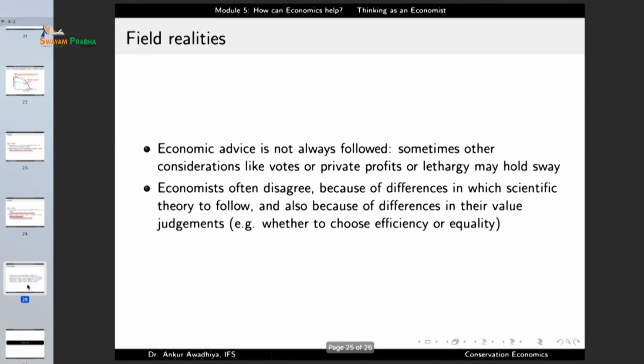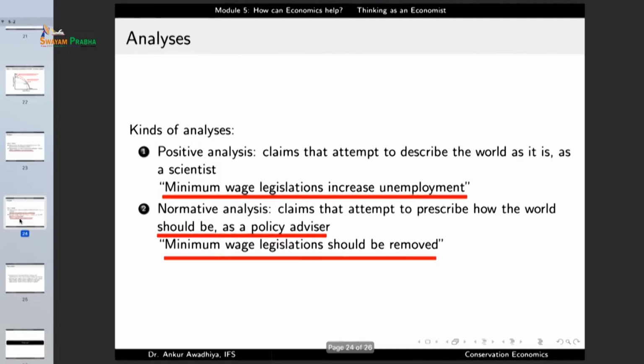The second thing is that the economists themselves disagree a lot. Why? Because of differences in which scientific theory to follow, differences in their value judgments, for example, whether to choose efficiency or equality, because in a number of cases, the economists themselves are doing a normative analysis.